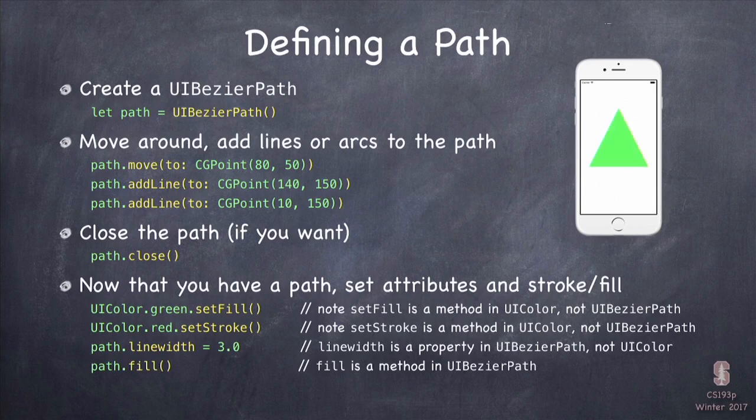Now, if I say path fill, now I get a green triangle because my fill color was green, and it takes that path and it fills it in. That's what fill does. And similarly, if I say path stroke, I get a red line around because the path that I took to get around there gets stroked with a 3-point wide red line. So that's it. It's quite simple, actually.